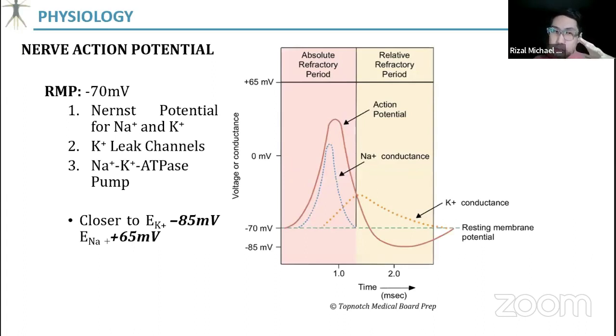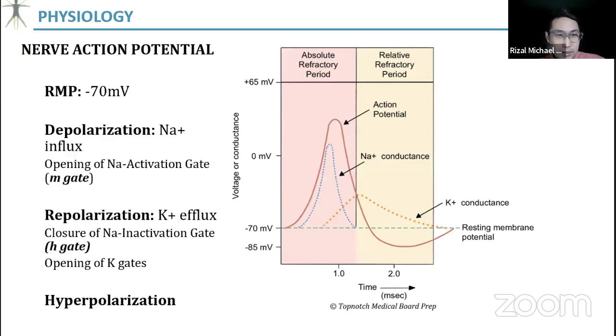So, mas powerful si potassium in the resting membrane potential. I mean, not powerful, but mas permeable siya, okay? So depolarization usually is because of sodium influx. Repolarization is due to potassium efflux. And then hyperpolarization is because of the delayed closure ng ating potassium channels. So tuloy-tuloy lang yung paglabas ng potassium during hyperpolarization.